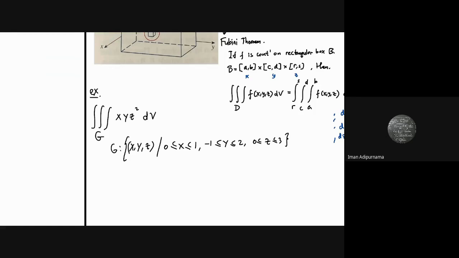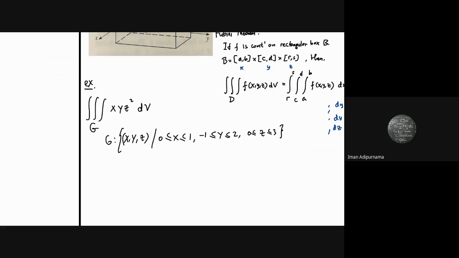So I write the triple integral, and let me write the equation. Let's start with this first. So X is the outside integral, 0 to 1, and then -1 to 2 for Y, and then Z is 0 to 3.